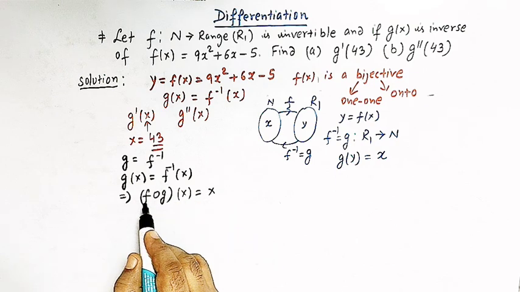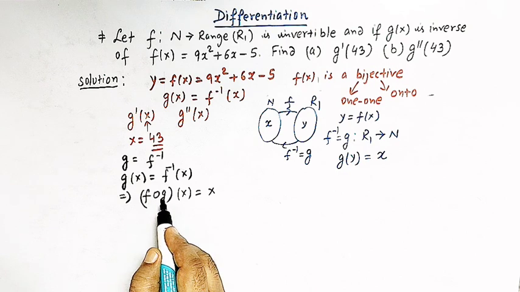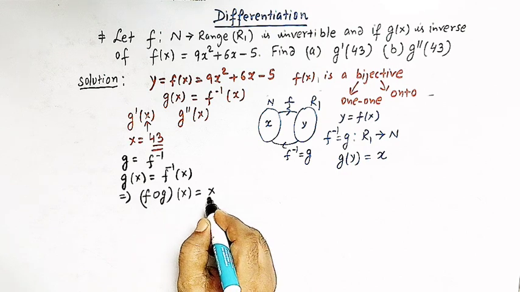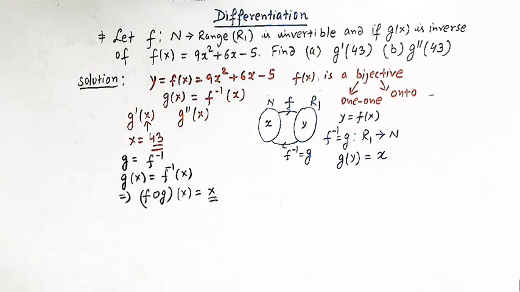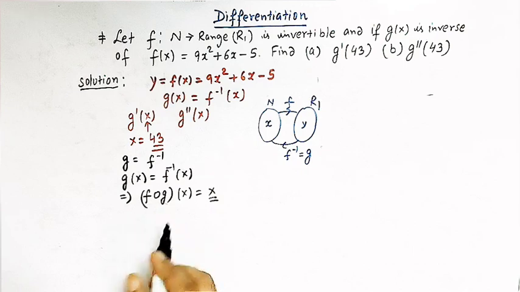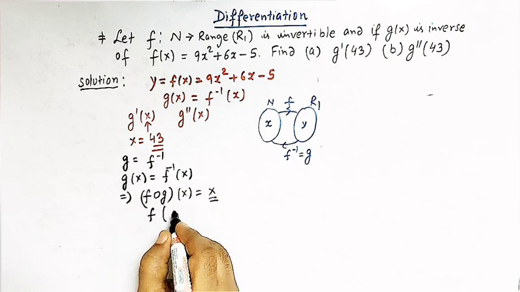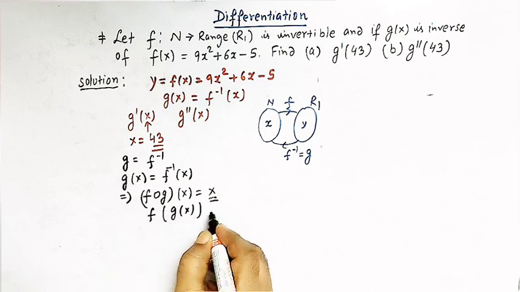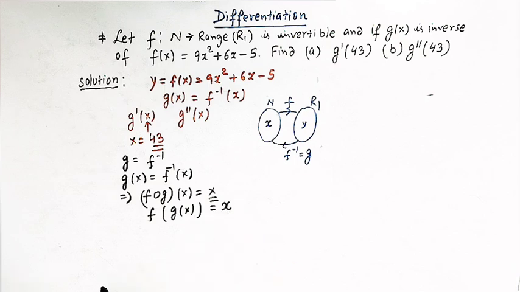So the composition of the function and its inverse is equal to x, right? That is the identity function. So now the composition of f and g can be written as f of g of x, and here we have the identity function x.